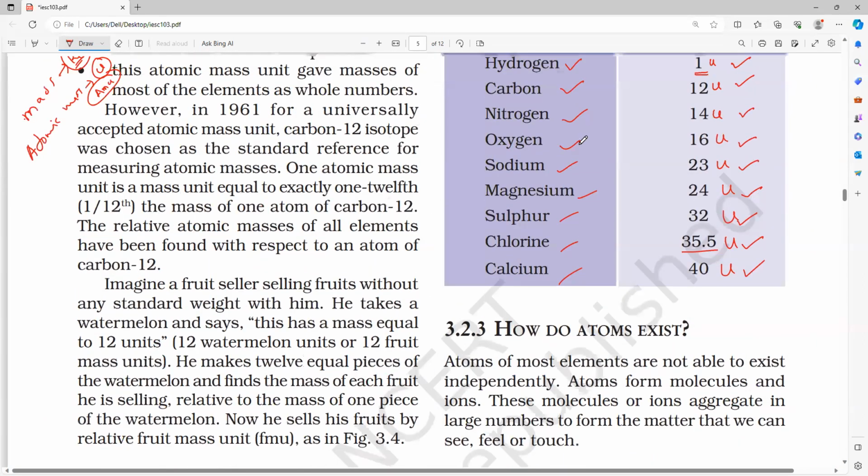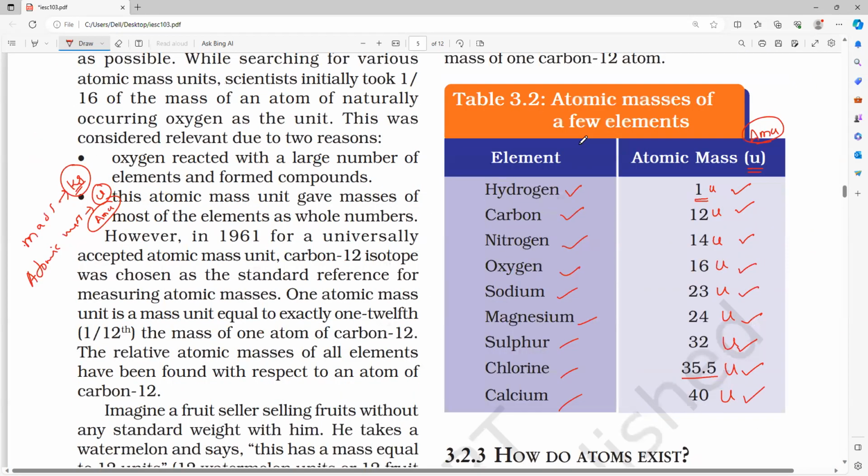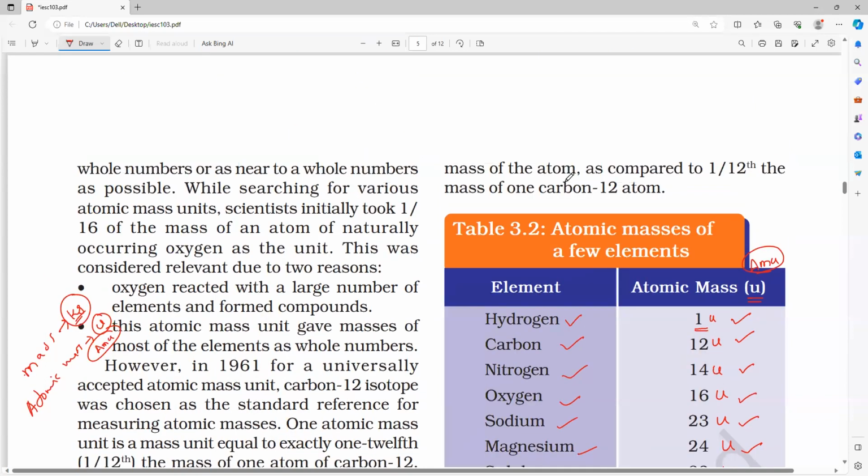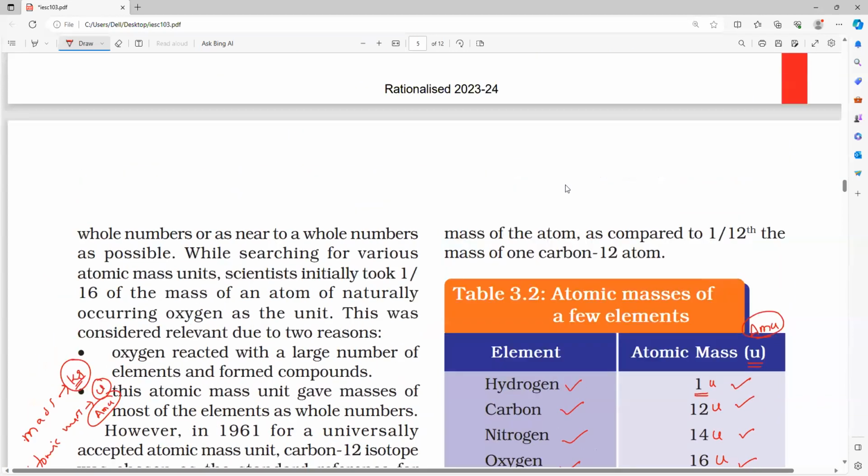So please note it. We can calculate the ratio of different elements in a given compound.